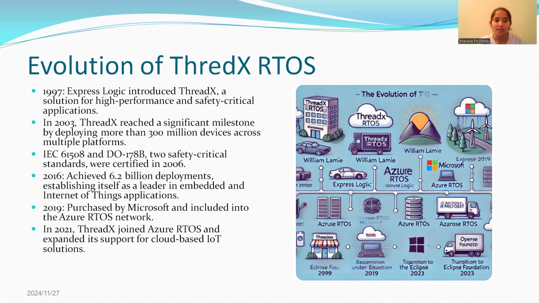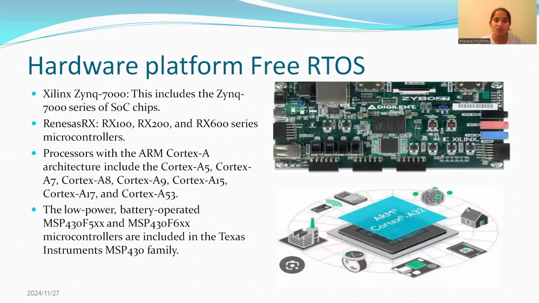In 2016, it achieved 6.2 billion deployments, establishing itself as a leader in embedded and Internet of Things applications. In 2019, Microsoft purchased it and it was renamed to Azure RTOS. And in 2021, ThreadX joined Azure RTOS and expanded its support for cloud-based IoT solutions.